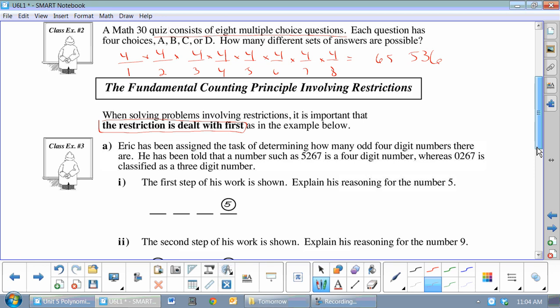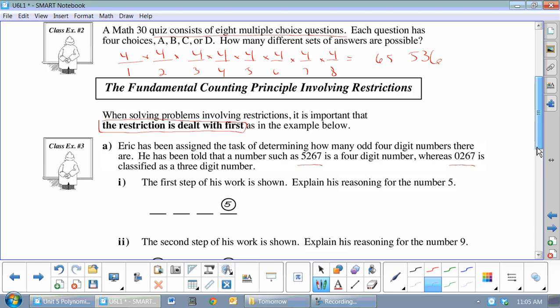But he has been told, and you'll be told this too on the diploma, and if you're not told this, you have to know it, that 5267 is a 4-digit number. But 0267 is only a 3-digit number, okay? When we're talking numbers, 0 does not count as a digit if it's first.